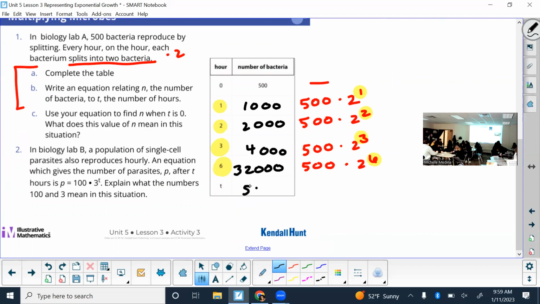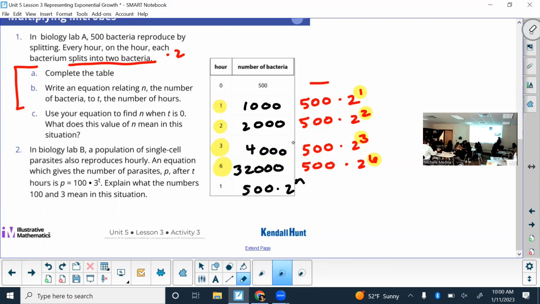Okay, I have 500 times 2 to the n like that. So the n in the x box, or like, I think I know what you mean. So like the power of n, you mean? Yeah. Okay. Now, since they're using t's, and that's what's changing each time, I'm gonna put a t there instead.